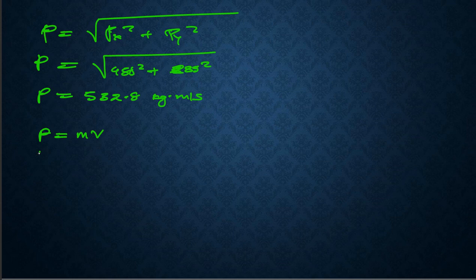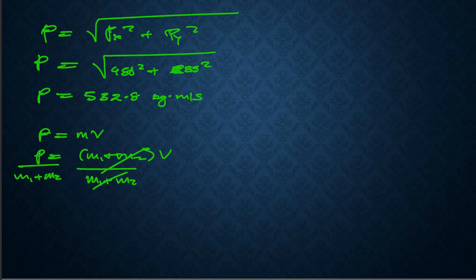So our momentum is going to be equal to m1 plus m2 times v. To get rid of this, we divide by m1 plus m2. So our velocity is going to be equal to total momentum over m1 plus m2.